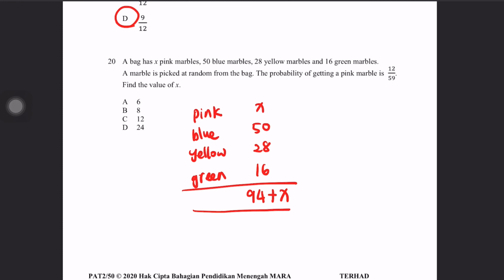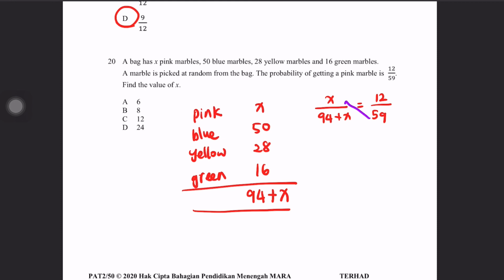Okay, itu kita punya sample, number of sample. Okay, so soalan nak kita cari value of X given the probability of pink marbles. Okay, so for pink we have X over 94 plus X is equals to 12 over 59. Okay, so sini kita boleh darab silang lah.